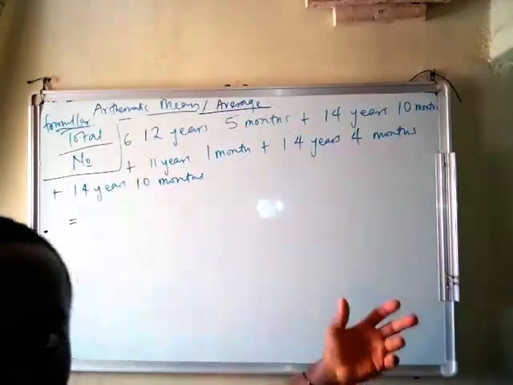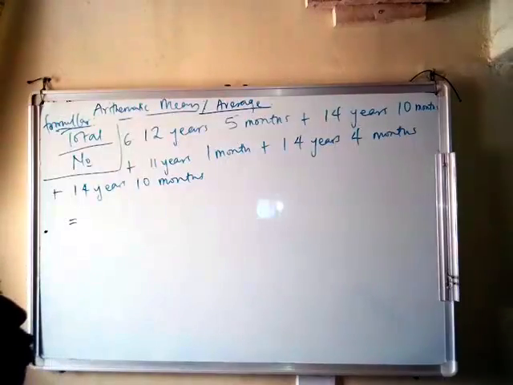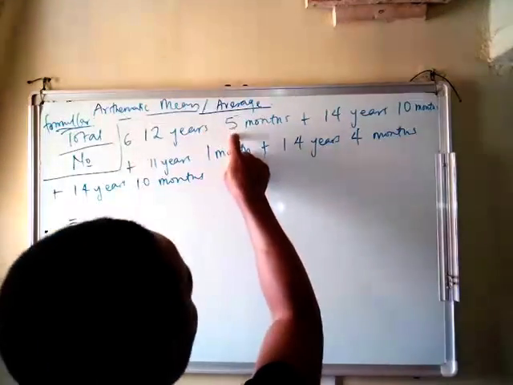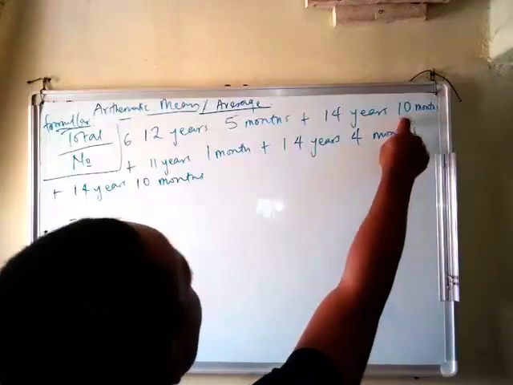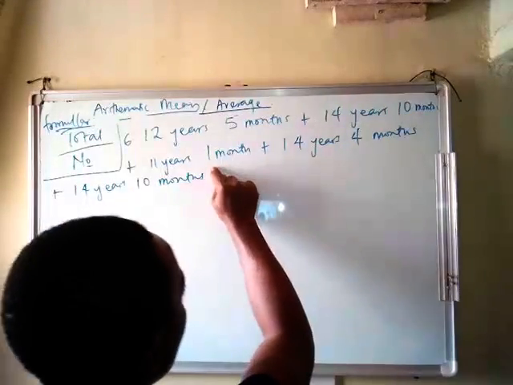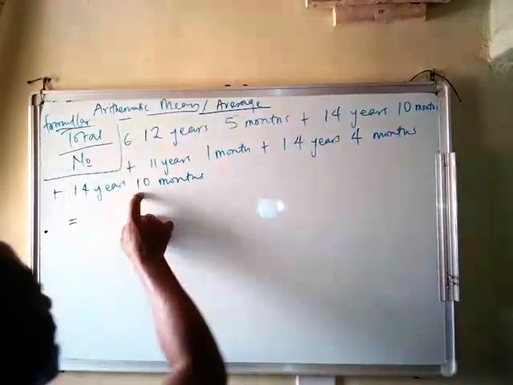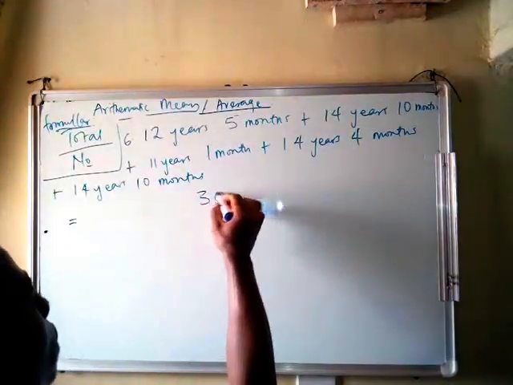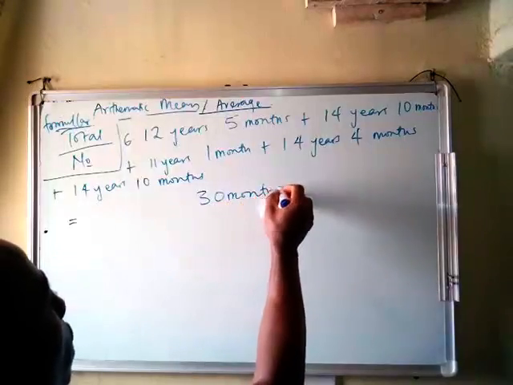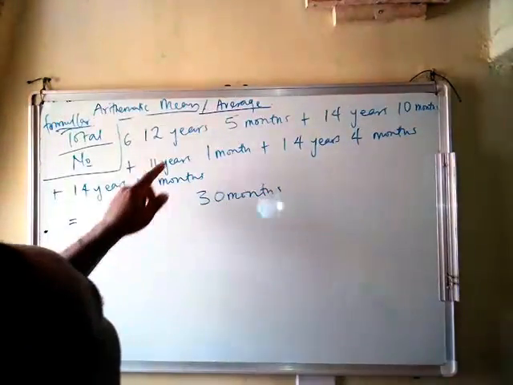Months are smaller compared to year, so add the months first all together. So let's see how many months we have. So we have 5 months. So 5 plus 10 is 15, right? 15 plus 1 is 16. 16 plus 4, 20. 20 plus 10 is 30 months. So we have 30 months here.